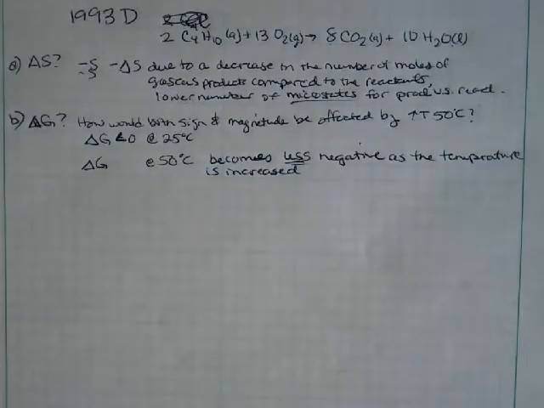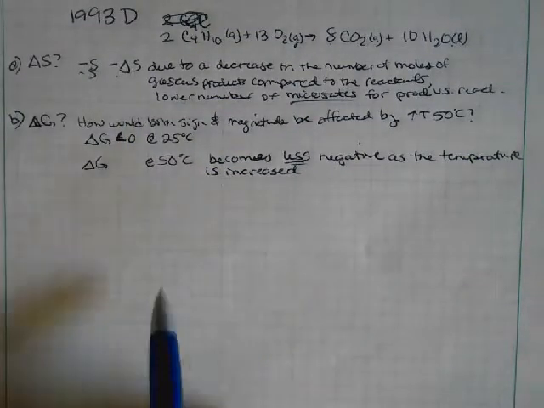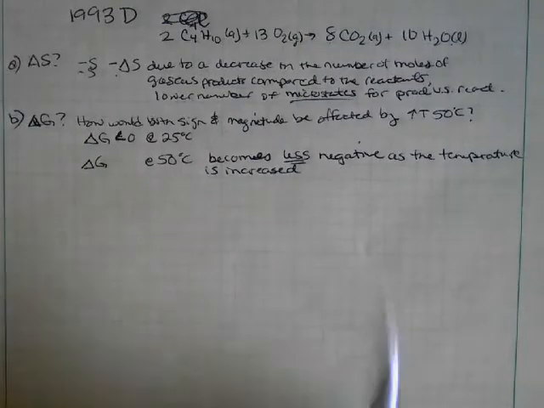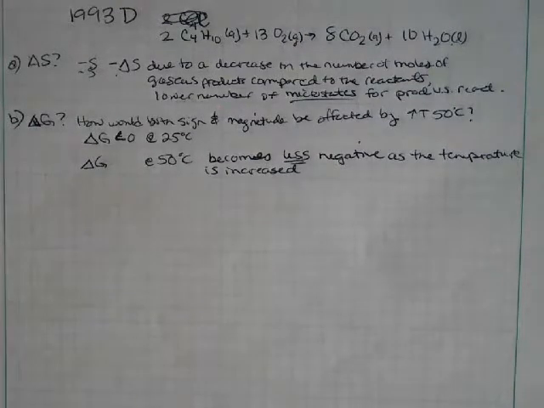Because we're already saying delta S is negative, and we know it occurs spontaneously, we can confidently say delta H is negative. Because if it's occurring spontaneously and we're getting a decrease in entropy, then it must be coming from the only other factor, and that's the enthalpy.